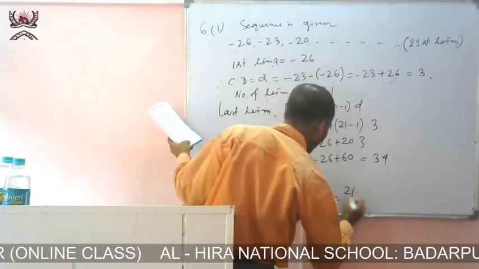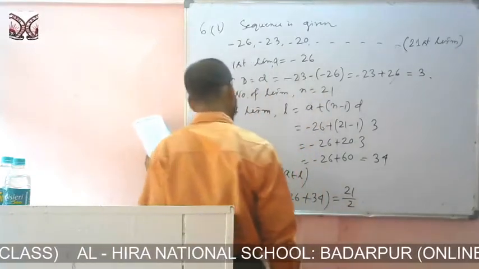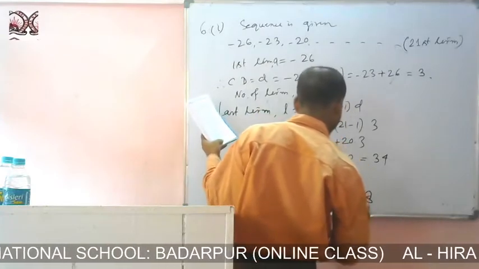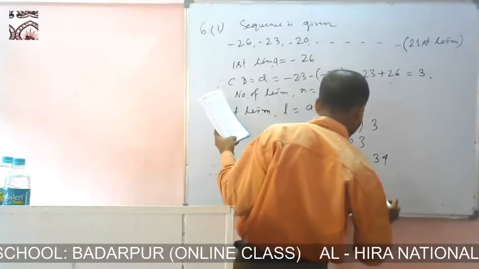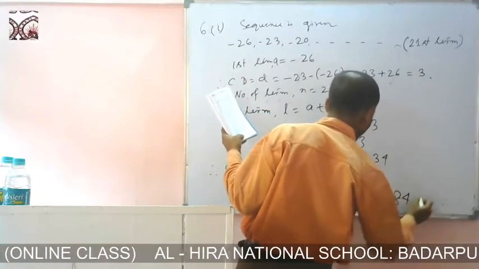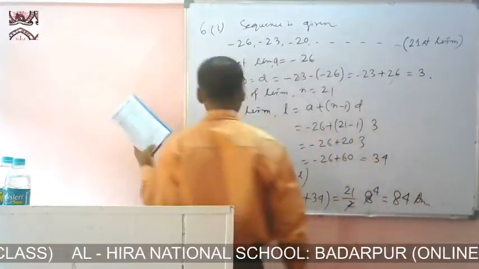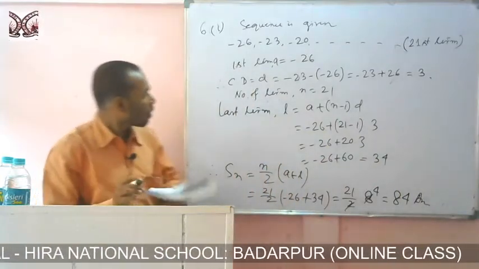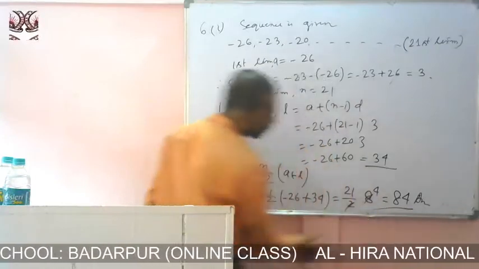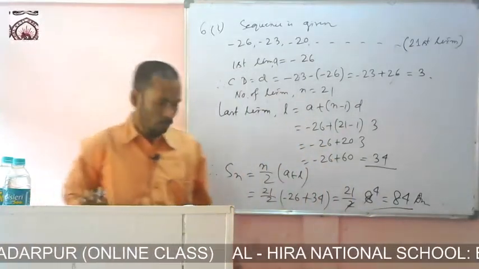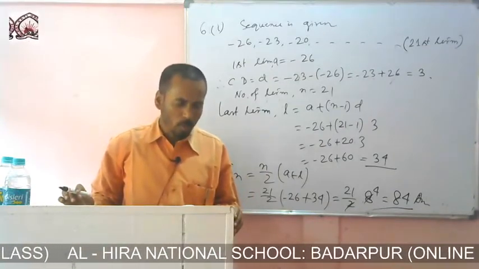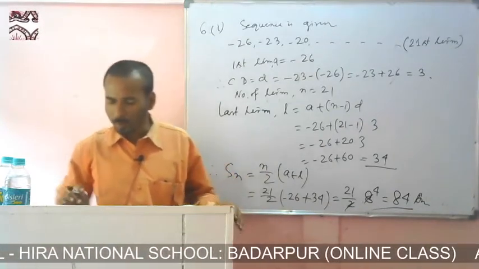So 21 by 2 into 8, which is 21 into 4, and the answer is 84. So L is 34 and Sn is 84. This is the way you can do number 6.